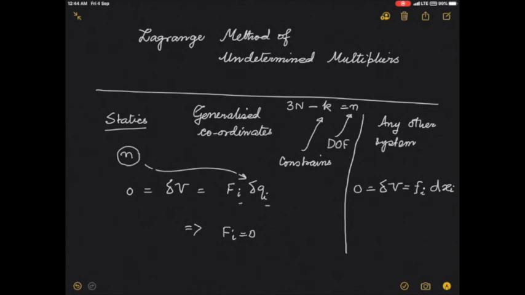But now i is summed from 1 to 3n, and with this I have certain conditions, plus there are these conditions which are 0. At this point I am talking about a holonomic constraint only.